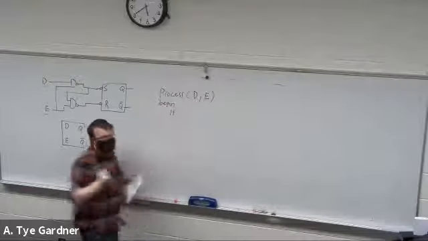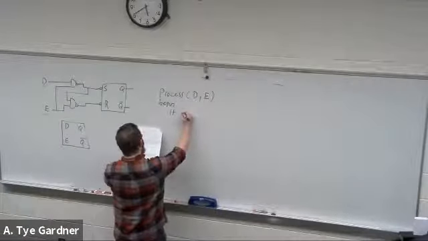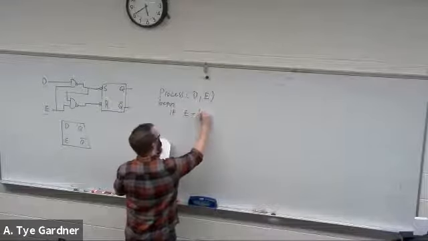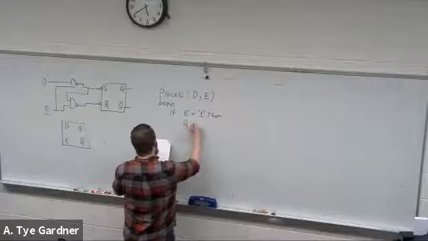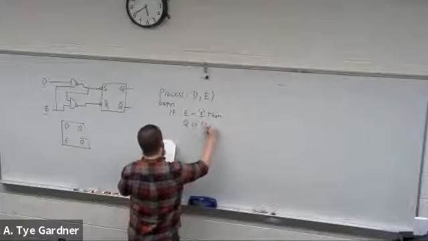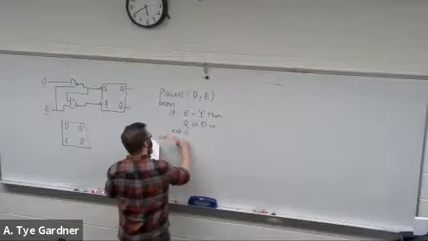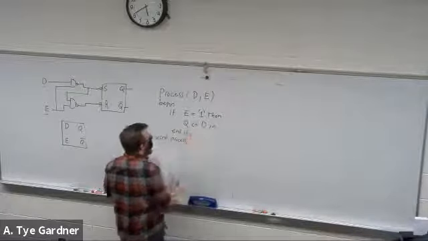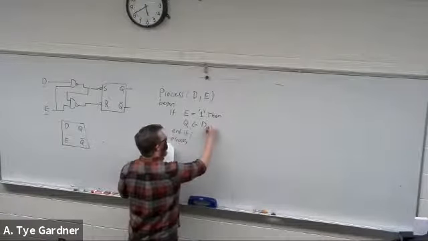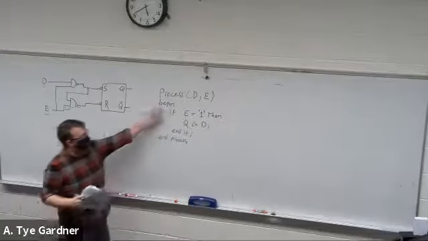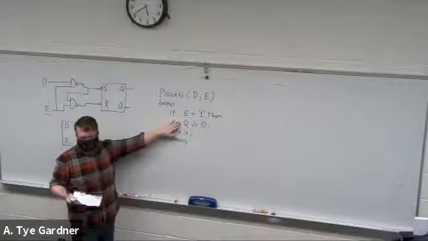And then you can't use if statements outside of a process, but we're in a process now, so I can just say if E is equal to 1, then... So this is just saying, if enable is 1, if I'm enabled, then put D into Q. That's all.